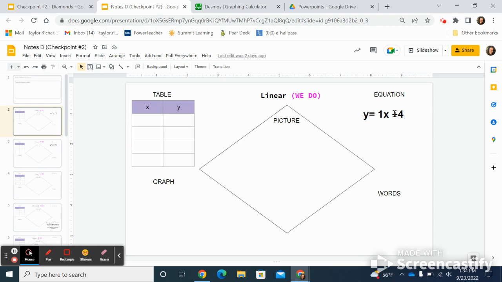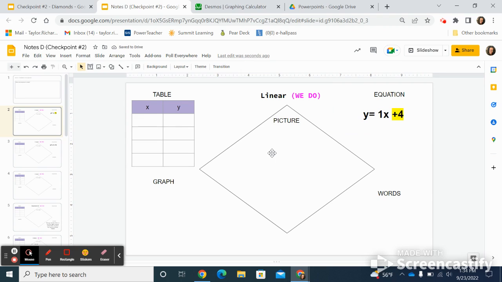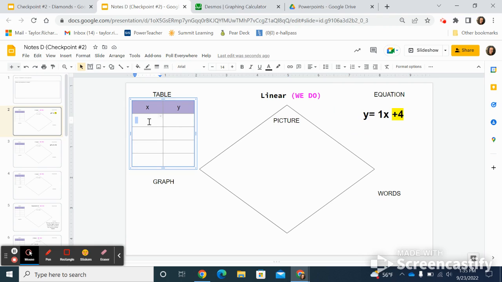And hopefully you know it's this one that's not attached to x, which for us is the number 4. So how you write a starting value is you are always going to put 0 in for x, but your y is the starting value, 4. So again, you always put 0 in for x, the y is the starting value.